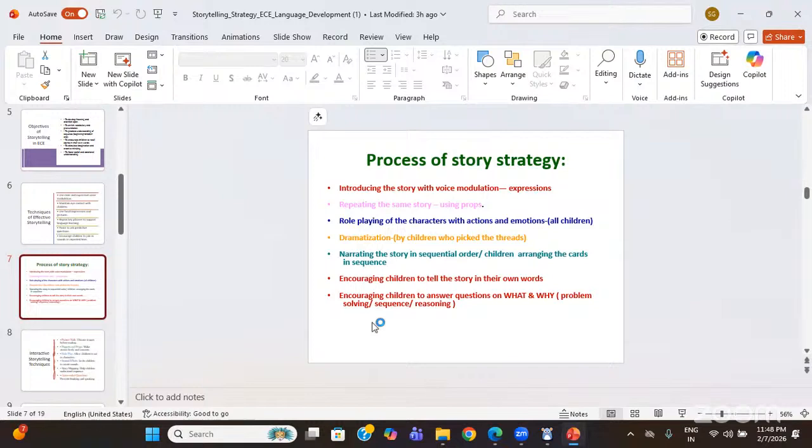Okay, that is expressive skills. And then what happened in the story, why it happened, why the chick did not find its mother. Open-ended questions, yesterday I told you, isn't it? That open-ended questions you should learn how to use, when to use, what to use, where to use. So this is how a story should go on.